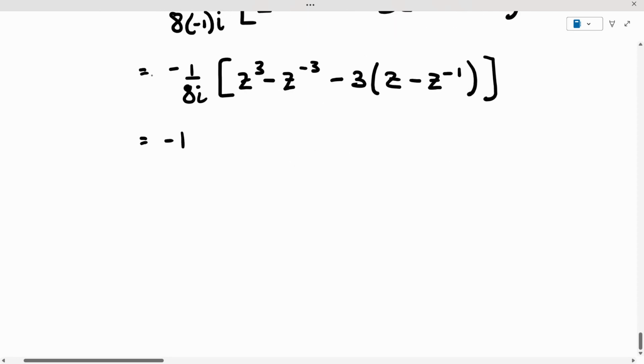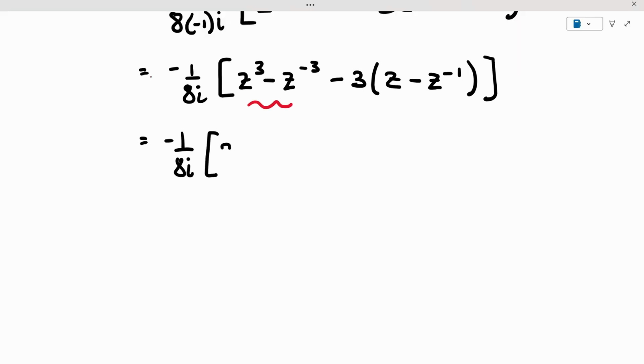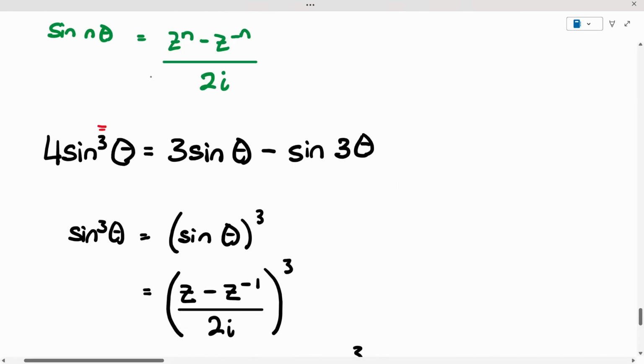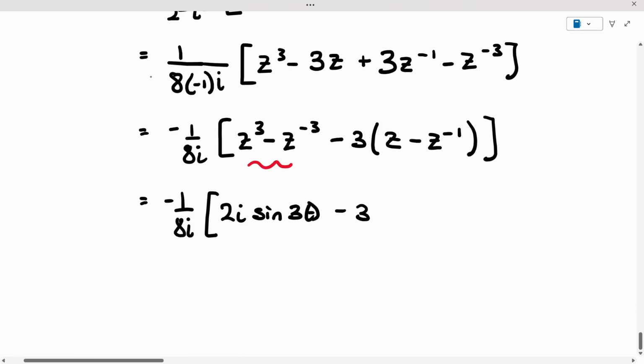We have minus 1 over 8i. And this term here becomes 2i times sine 3 theta, minus 3 times this term, which becomes 2i sine theta. Right?